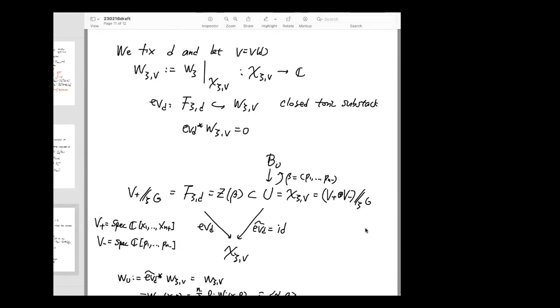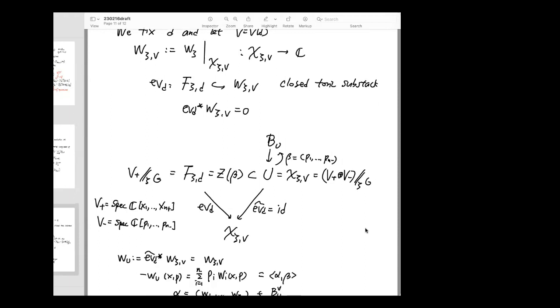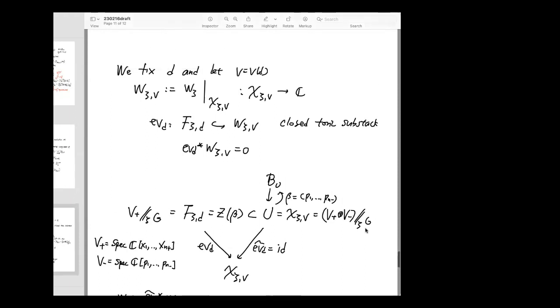We fix D and let V be the connected component determined by this effective class, and let W restricted to V denote the restriction of the superpotential to this connected component.